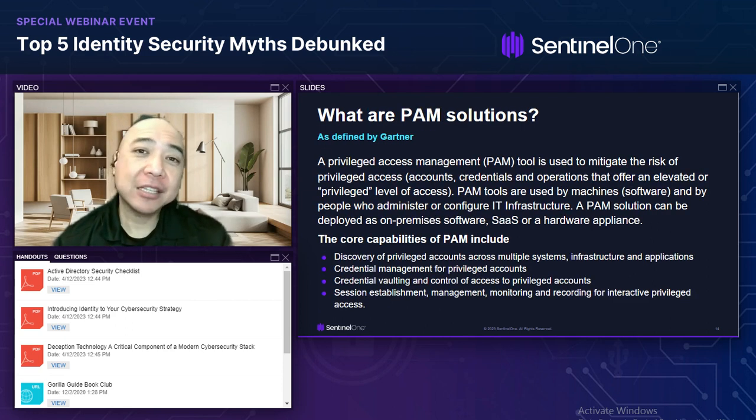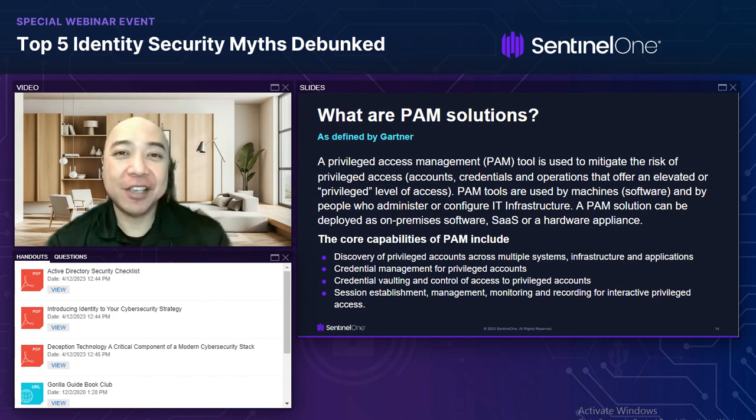All right, let's look at PAM. PAM is really the only piece of identity security that touches a small subset of privileged accounts that it will actually protect. It's going to try to find all the privileged accounts in your environment. It's going to manage those privileged accounts. It's going to allow you to check them out and check them back in.